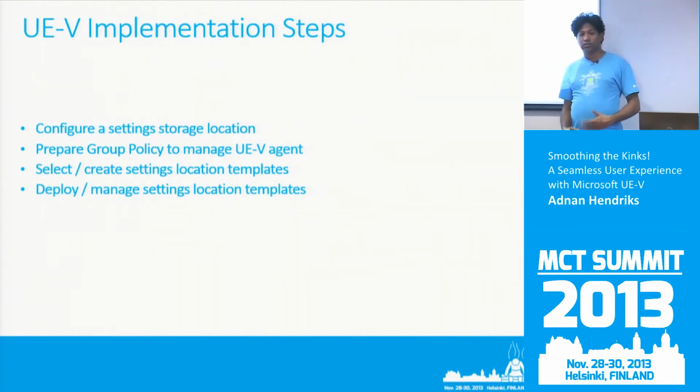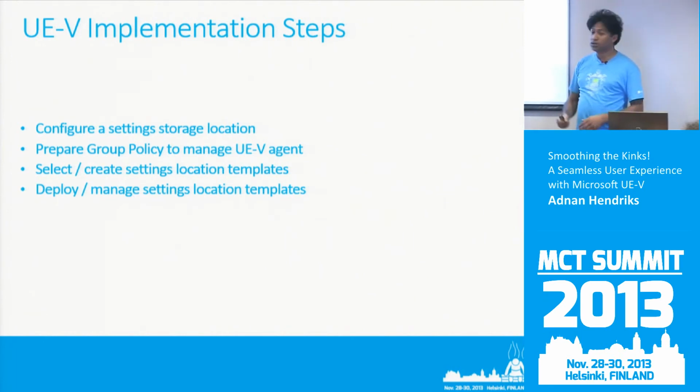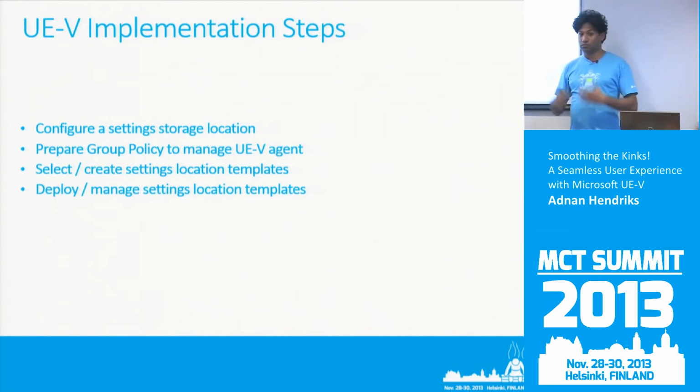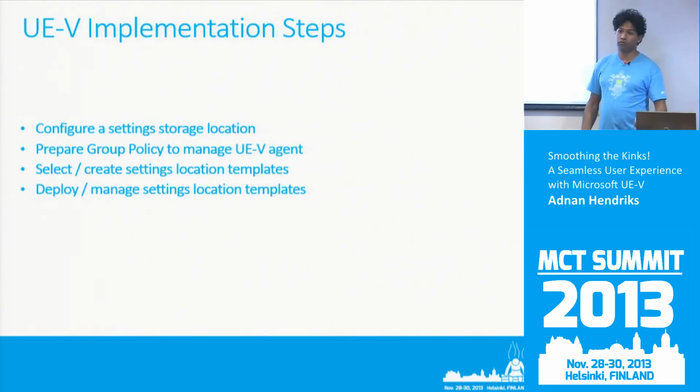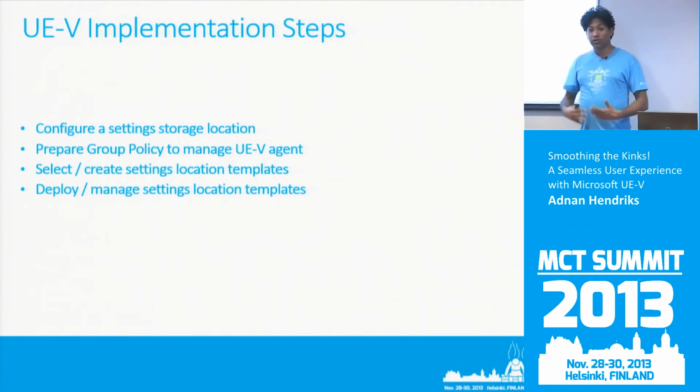Implementation of the product is really simple. It's really a 4-step process. You configure a storage location, so the home folder or a specialized folder on a file server, and the security rights should be exactly the same as you'd create for profiles or a custom home folder for a user. We generally use group policy to configure the agent.